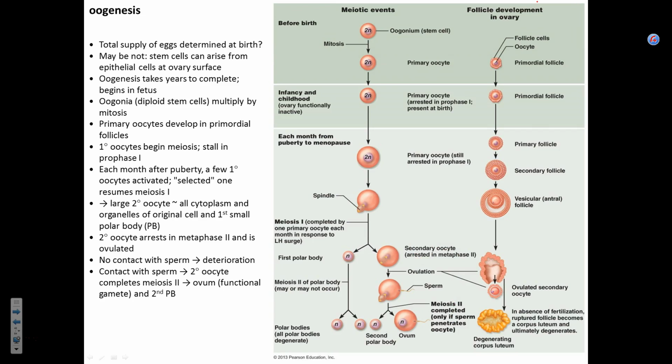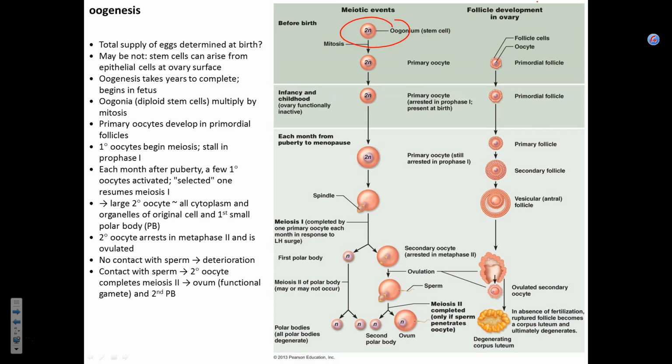Oogenesis, development of oocytes. It's kind of similar to spermatogenesis. We start with oogonium. Remember spermatogonium for the sperm cell?